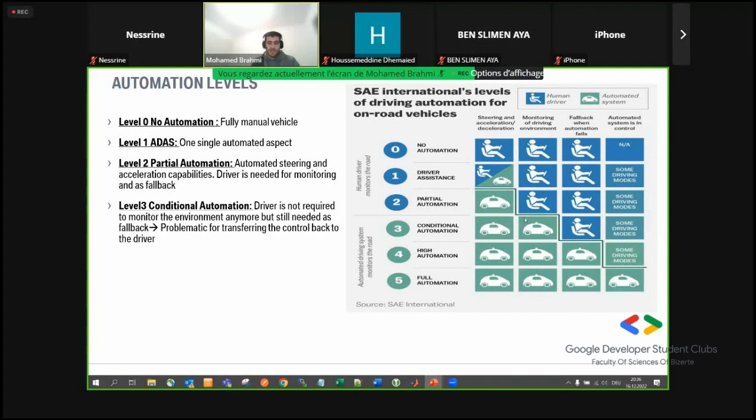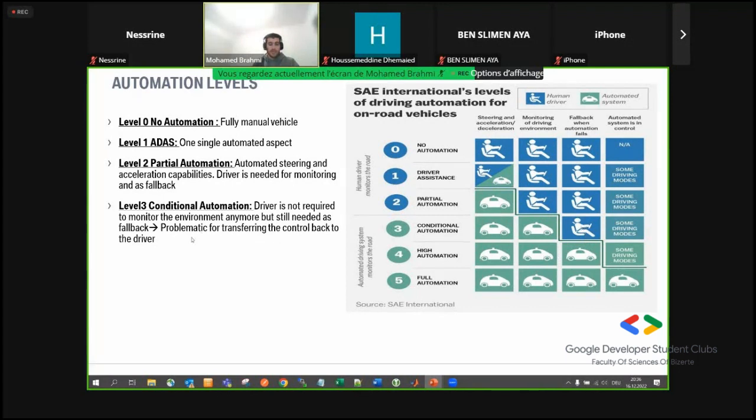What is coming on top compared to L2 systems is that the driver for some conditions does not have to take care of the environment, does not have to know what is going on, but he has to be able to take over if requested.